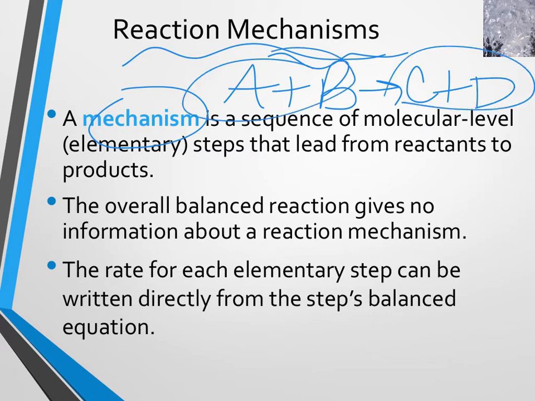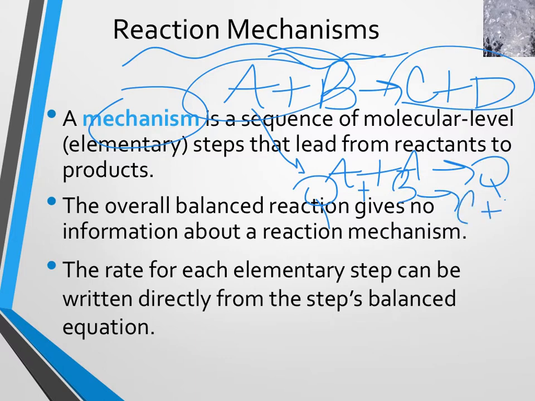It turns out that most reactions undergo a series of steps. So it might be, maybe A reacts with itself to give some weird Q intermediate, and then Q reacts with B to give C and D. I mean, you just don't know, okay?